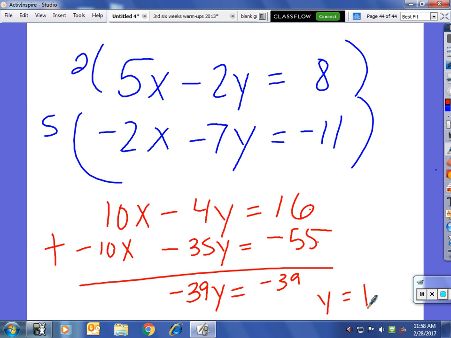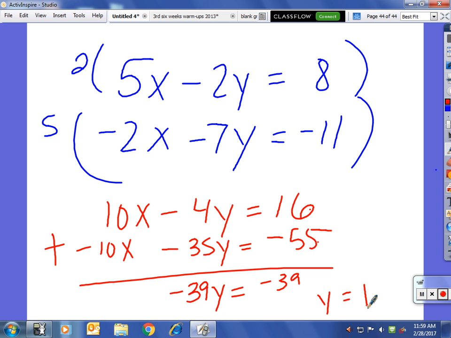So this time we found the y value first. No big deal. We still have to find the x. Pick an equation. It could be one of the blue ones. It could be the red ones. It doesn't matter. Put a 1 in for y somewhere. Which one do y'all want to use? Okay, then do that.